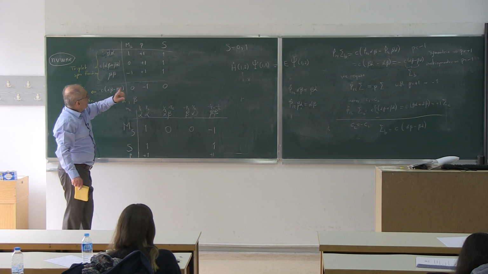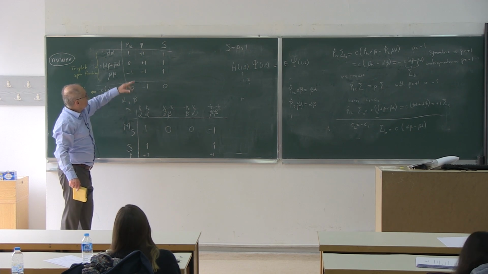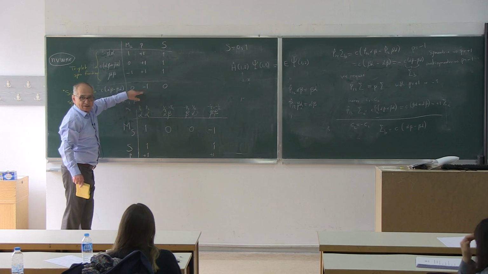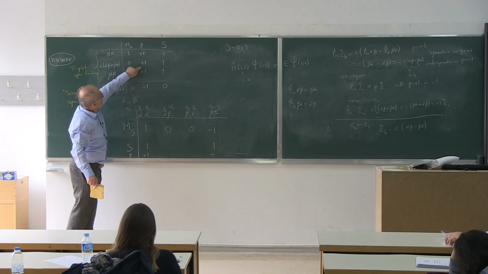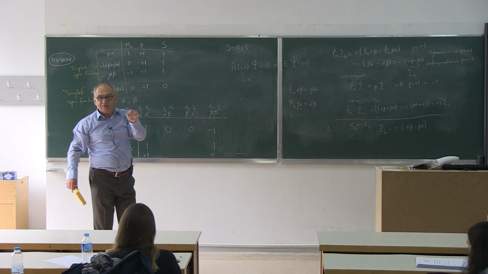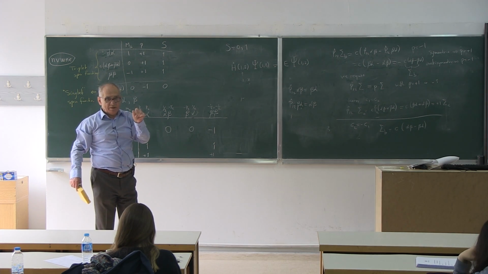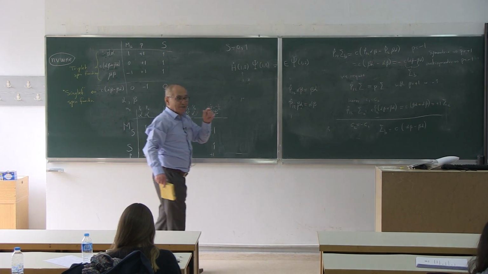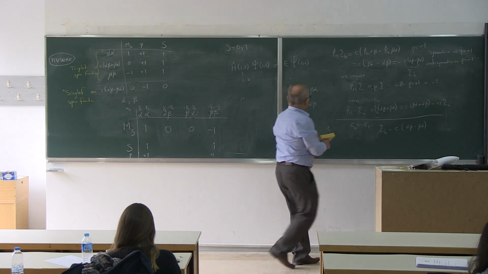The most important difference between the triplet spin functions and the singlet spin function is this p value. Triplet spin functions are symmetric under spin exchange. On the other hand, singlet spin functions are antisymmetric under spin exchange.